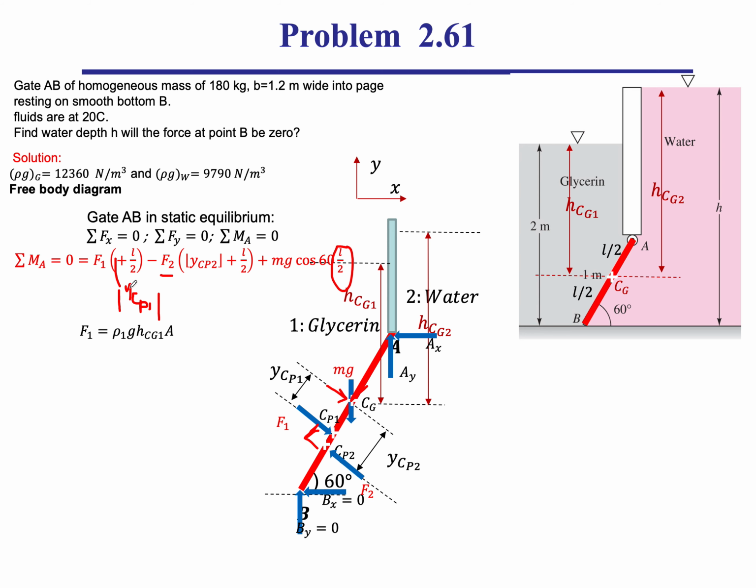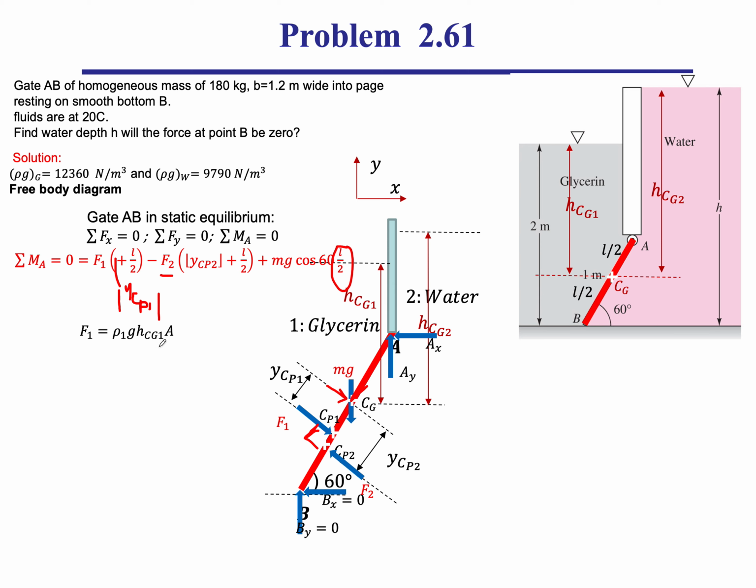Then we now need to substitute. For F1, if you go back to the formulas from the previous lecture, it is the density of glycerin, ρ1, times the gravitational acceleration times the depth of the center of gravity in glycerin, so that's the submersion depth.